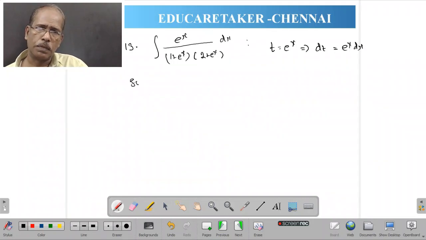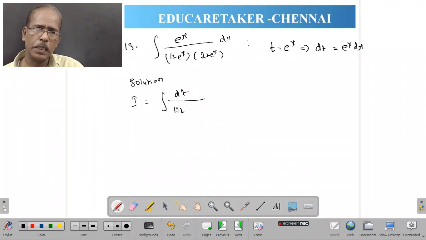So let us start our solution based on our substitution. I is the numerator e power x dx as dt, the denominator 1 plus t and 2 plus t. By partial fractions, 1 over 1 plus t into 2 plus t.